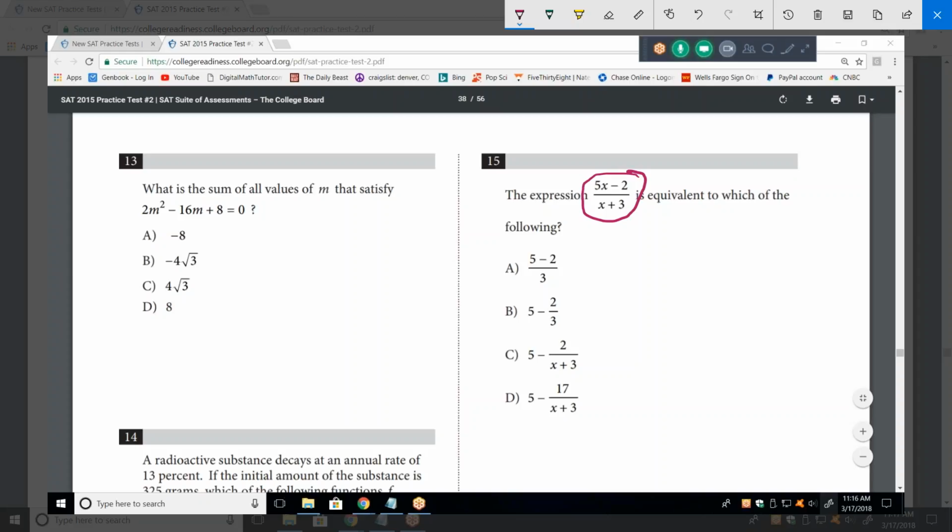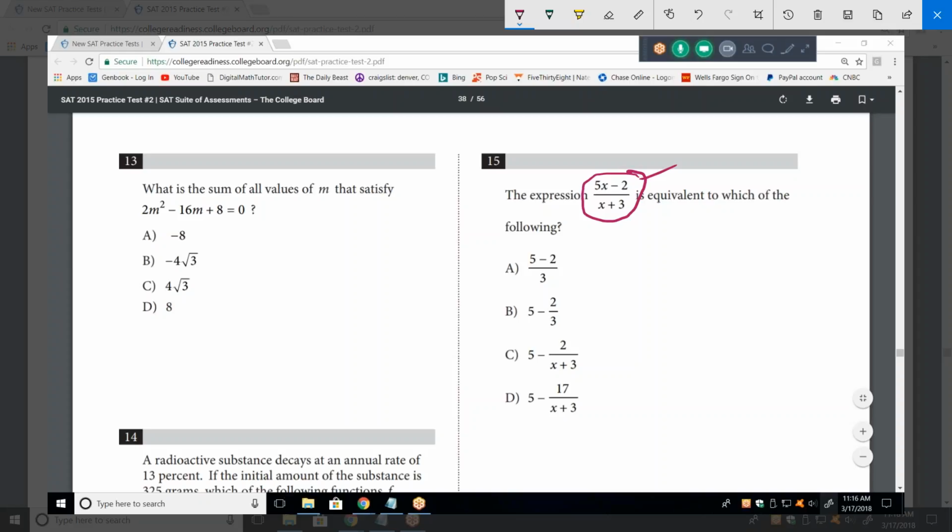Yeah. You could use synthetic division. Okay. Do you know how to do it? Sort of. In this case, long division is going to be better. We'll look at it both ways. But before we do, let's look at that expression.